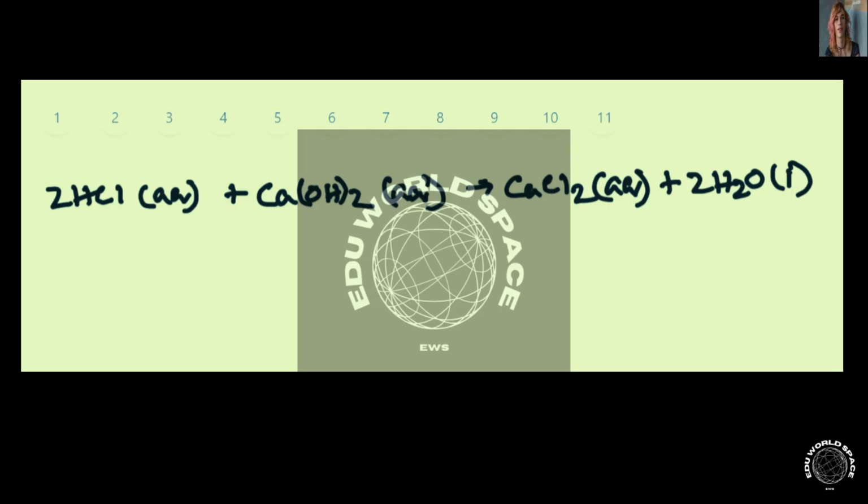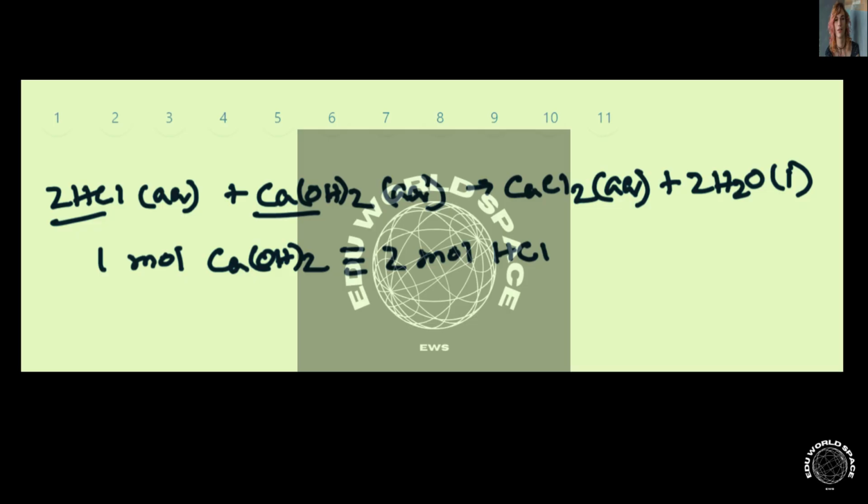Now from here we can see 1 mole of calcium hydroxide will be neutralized by 2 mole of HCl. 1 mole calcium hydroxide will be neutralized by, or identical to, 2 mole HCl.